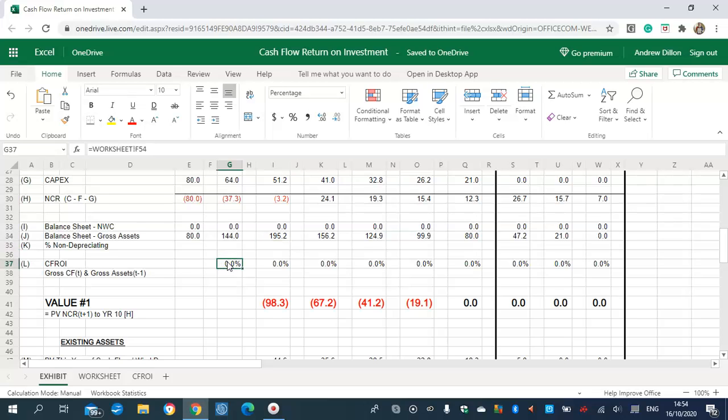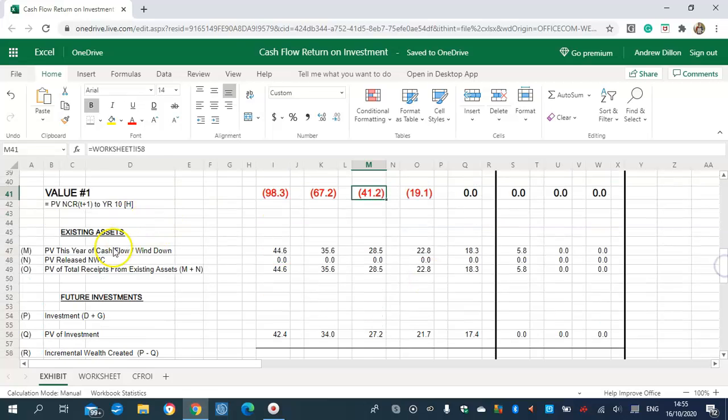Now, the cash flow return on investment for gross CF and gross assets is equal to worksheet F54, G54 and so on. Value number 1 equals present value NCO plus 1 to YR, page 58 for the worksheet.